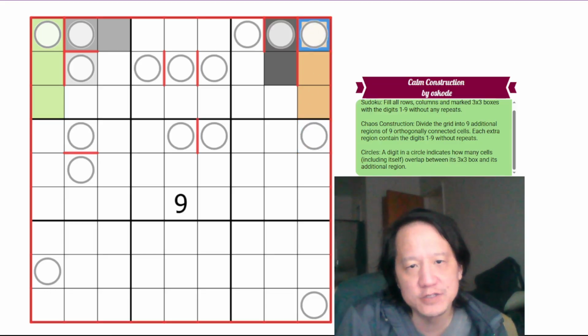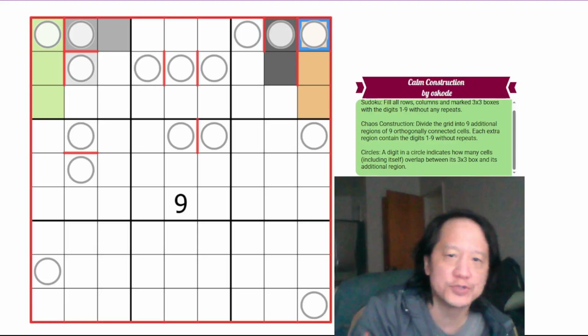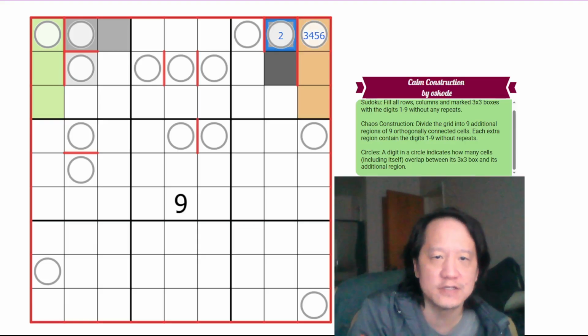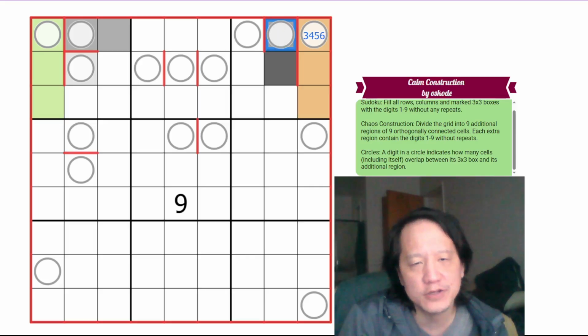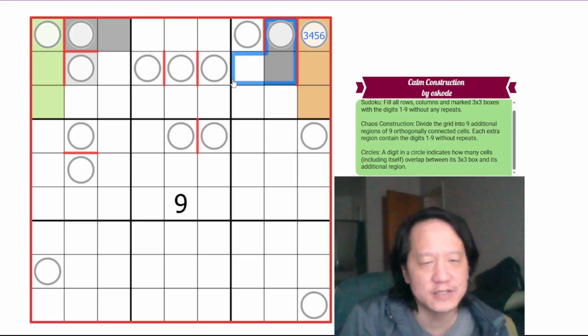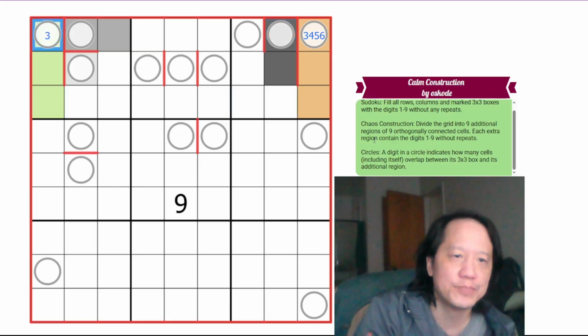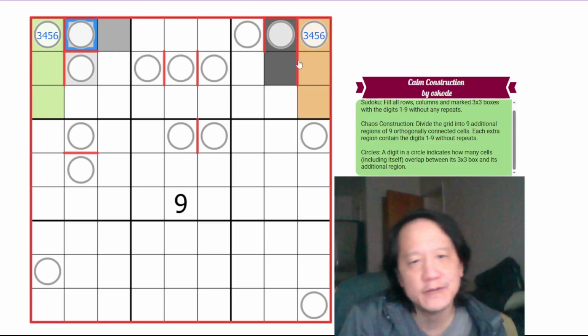This has to be at least 3. So this is 3, 4, 5, or 6. This has to be at least 3 also. Interesting. So this is at least 3 here, because this has to go out of the region. This is at least 3. So it could be 3 through 6.